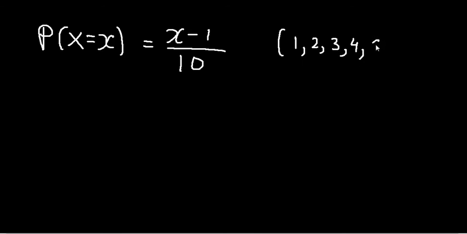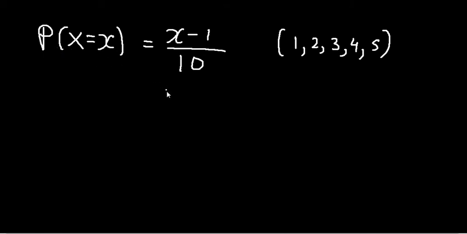But they are discrete outcomes, so it could be 1, 2, 3, 4, or 5. To figure out the probability of any one of these outcomes, I substitute these values into this formula and it will give me the probability of a certain outcome.